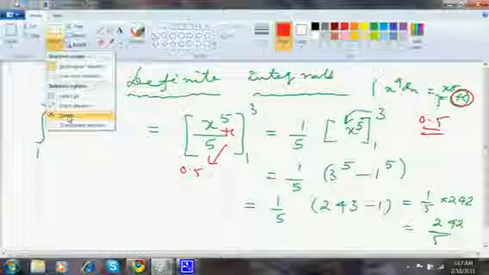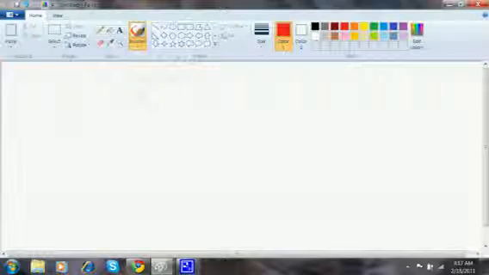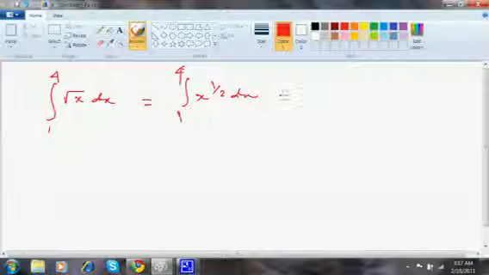Coming to another sum, let me say 1 to 4 root x dx, which is x to the power 1 by 2 dx, 1 to 4, and this is x to the power 1 by 2 plus 1 is 3 by 2, divided by 1 by 2 plus 1 is 3 by 2, from 1 to 4.